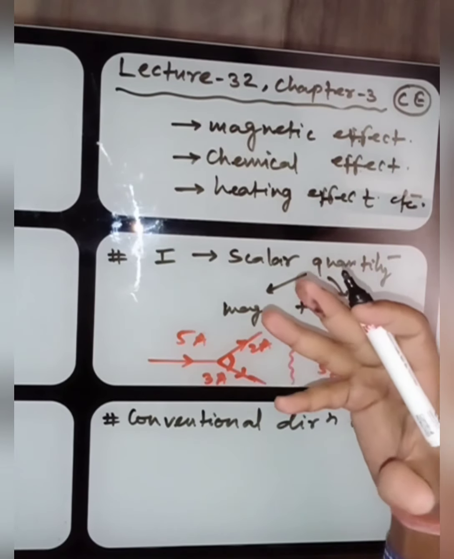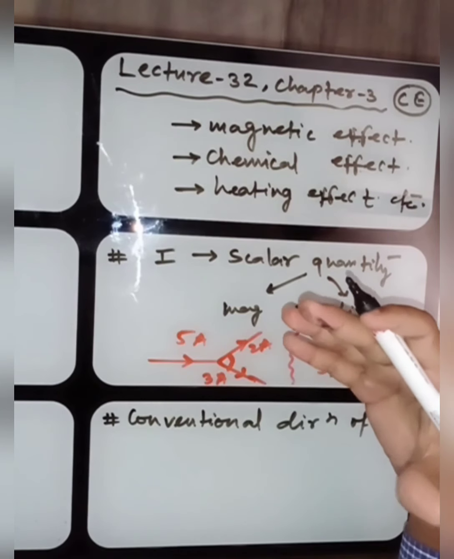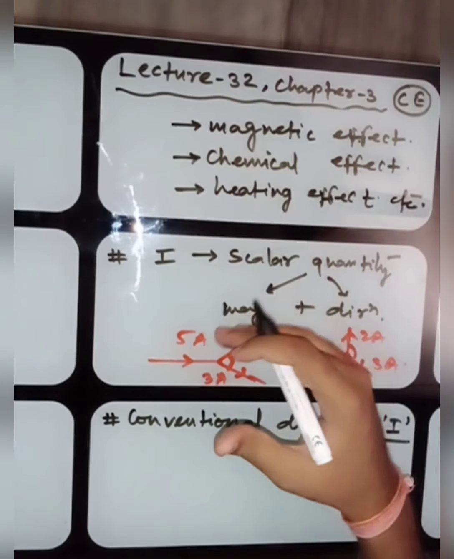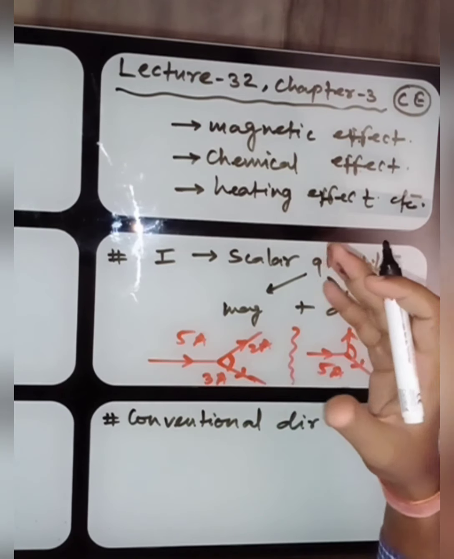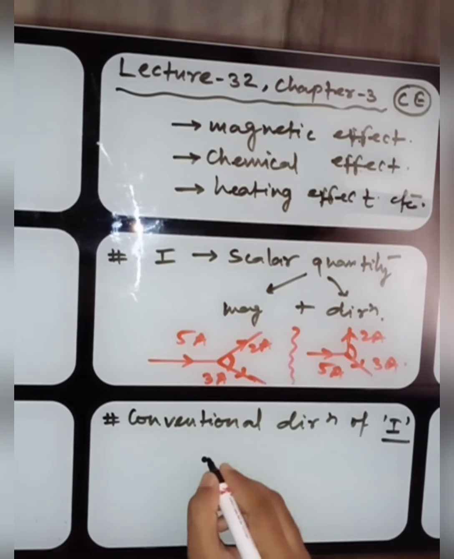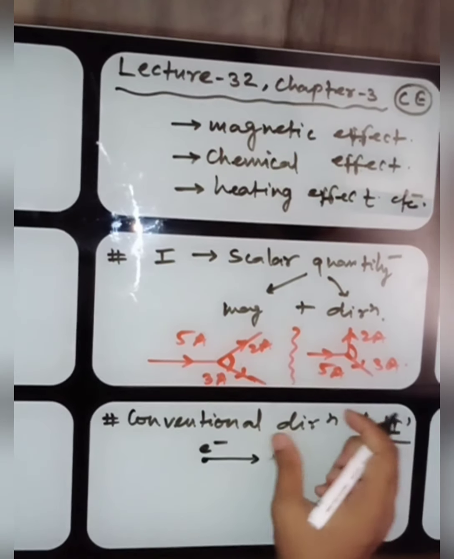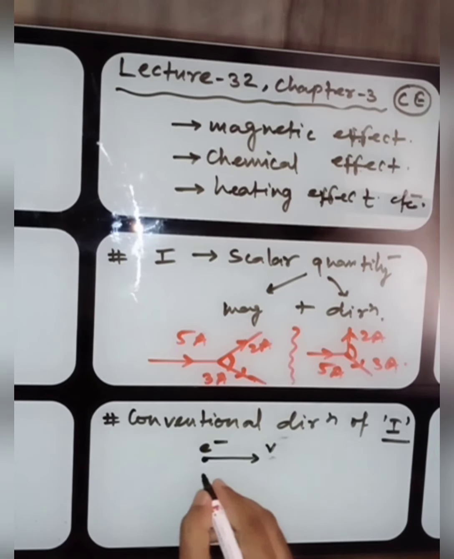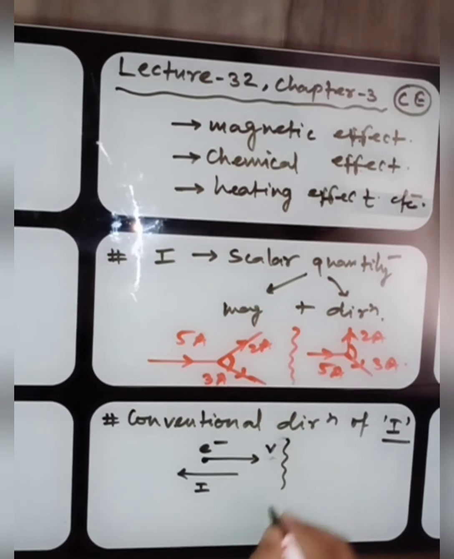Because electrons flow. The responsible charge carrier for electricity in different things will be different, and we'll study that, but the charge carrier as electron flows. Suppose the electron is moving in this direction, this is the direction of velocity of the electron. If this is the direction of velocity, then current will flow opposite to the motion of the electron. Remember, this is the conventional direction.